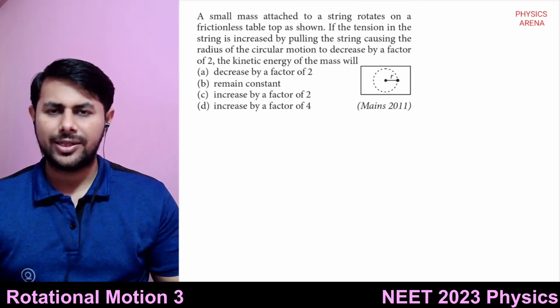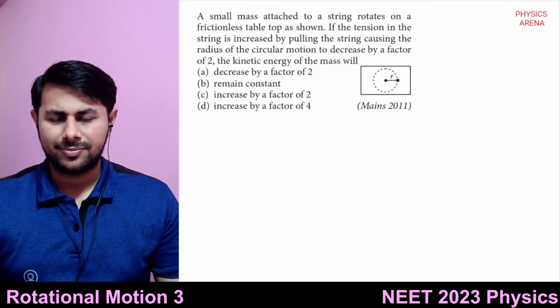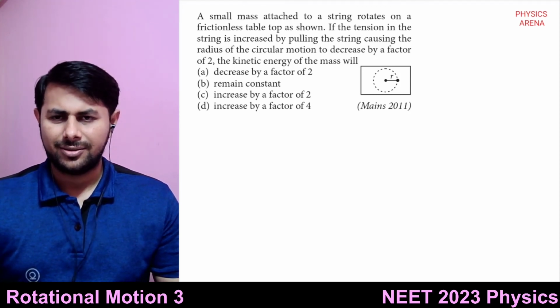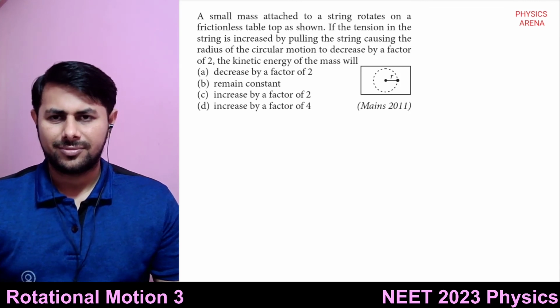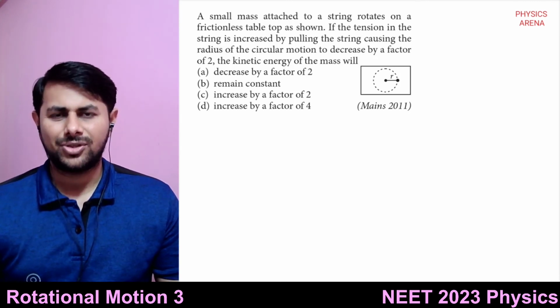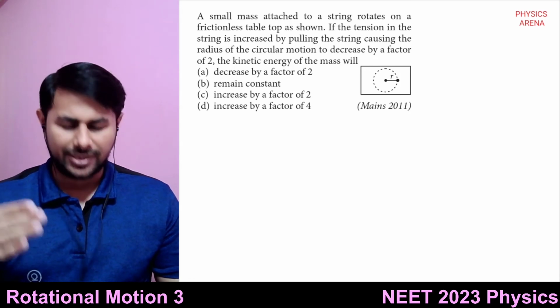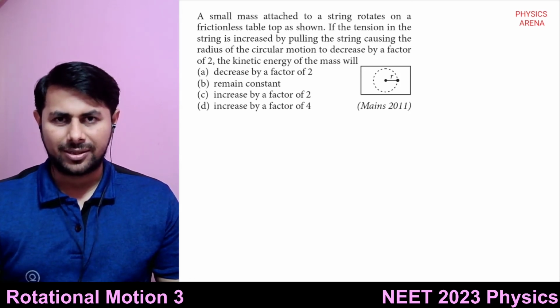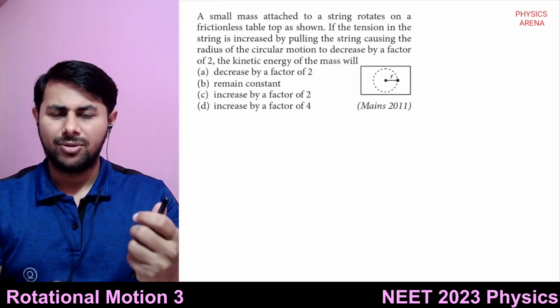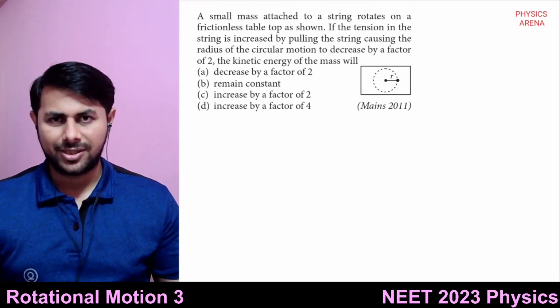So will there be a torque? No torque, right? Because the direction is the same, the direction of the radius. Or you can say the position vector of the particle and the external force that we are using to pull the string have the same direction.